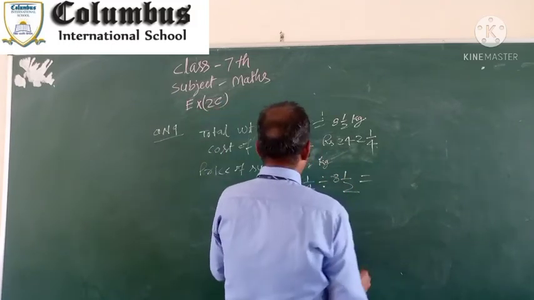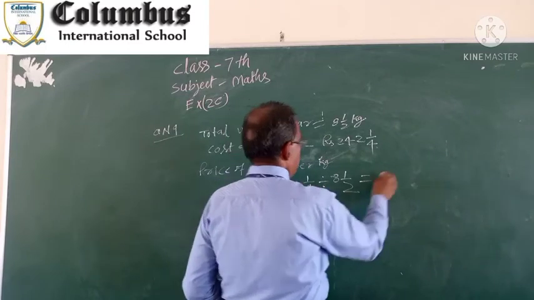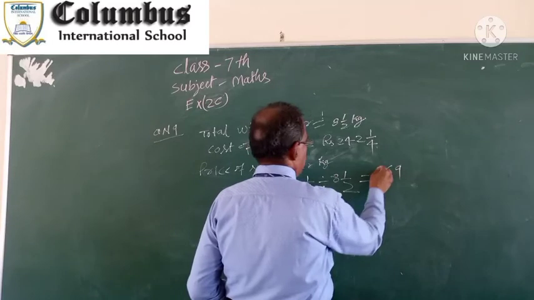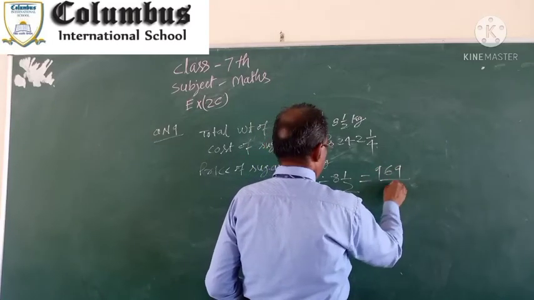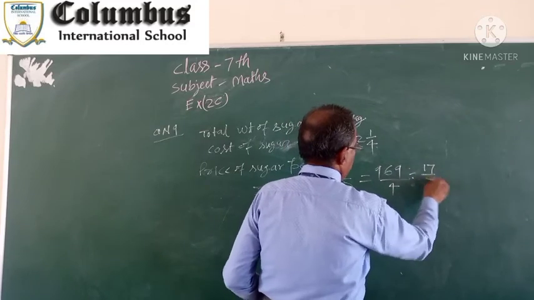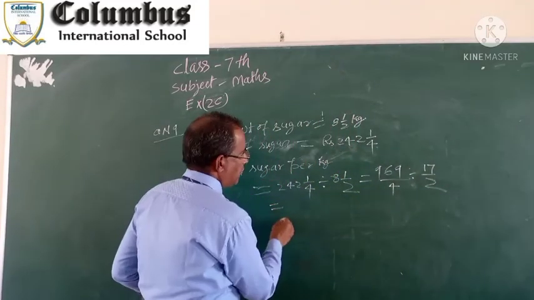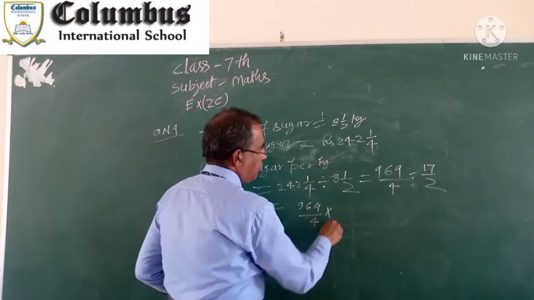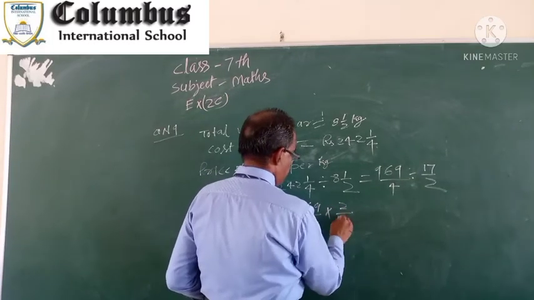It's equal to 969/4 divided by 17/2, and it's equal to 969 upon 4 into 2/17.